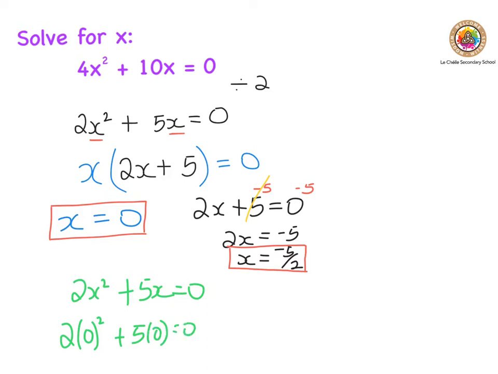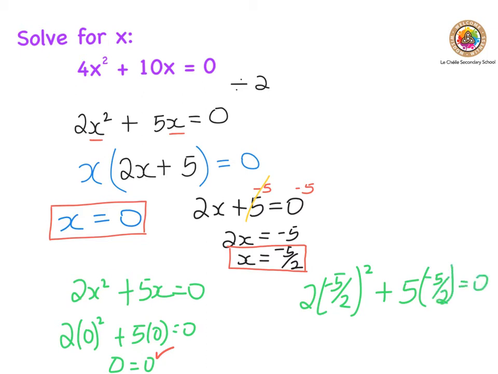That 2 times 0 squared is 0, 5 times 0 is 0, so 0 is equal to 0. That's true. Likewise, to check the other one, this time it's 2 times minus 5 over 2 squared plus 5 times minus 5 over 2, and we want to see, is that equal to 0?